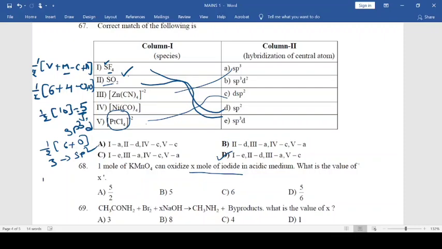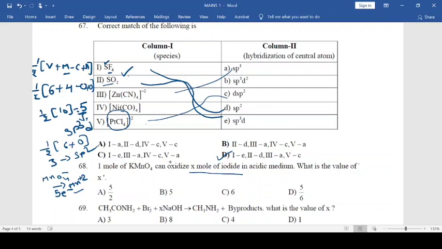MnO4 minus ion in acidic medium readily converts into Mn2+. That means a total of 5 electrons are involved in the reaction. 1 mole of KMnO4 should gain 5 electrons.